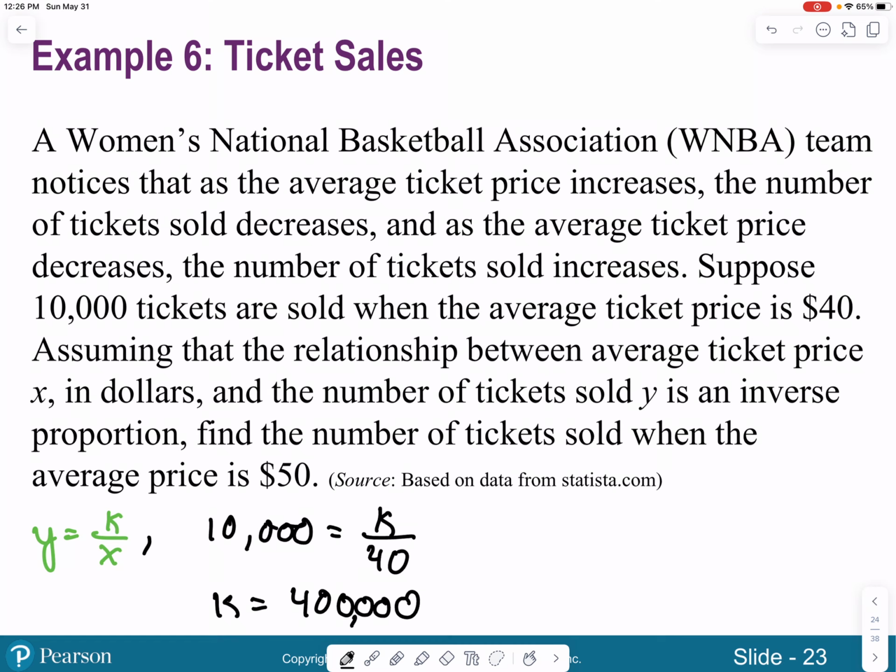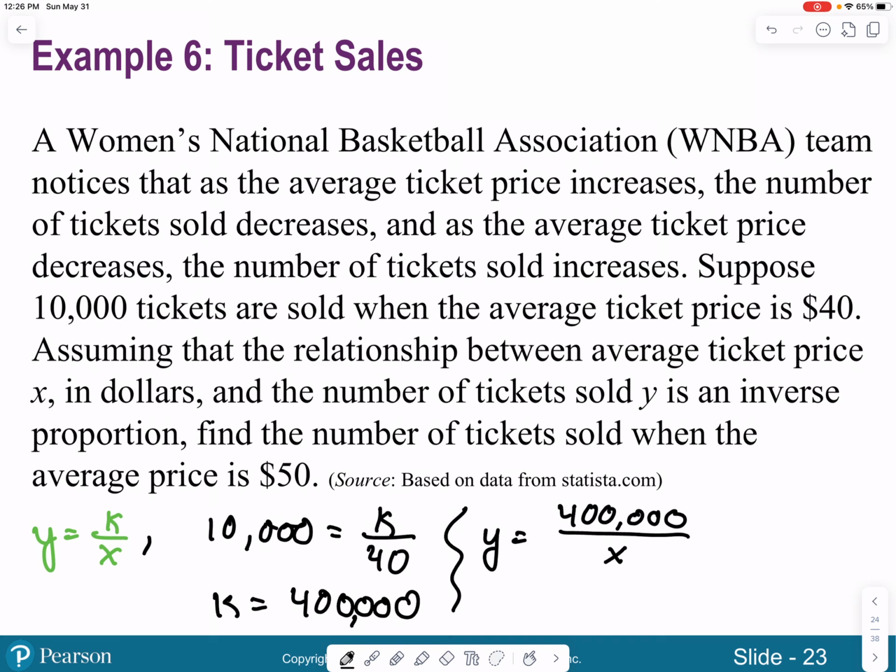Okay, so then our claim is that, with the ticket price in dollars and the number of tickets sold, the number of tickets sold is going to be 400,000 divided by x.